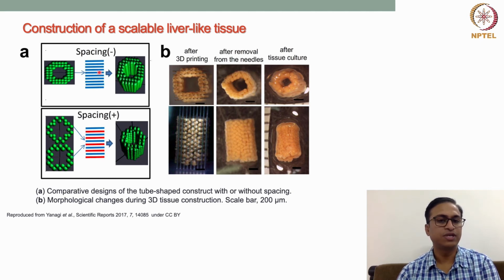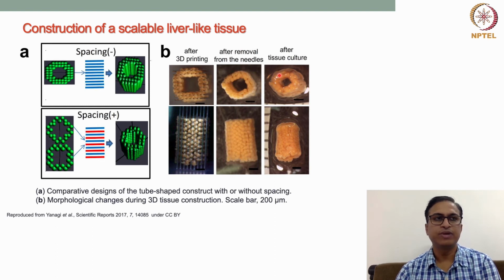So here you can see clearly, during 3D printing, the microneedles are visible here, right? The spheroids are placed on the microneedle array in that particular order. After removal from the needle, we can still see the needle space visible after removing that construct from the needle.